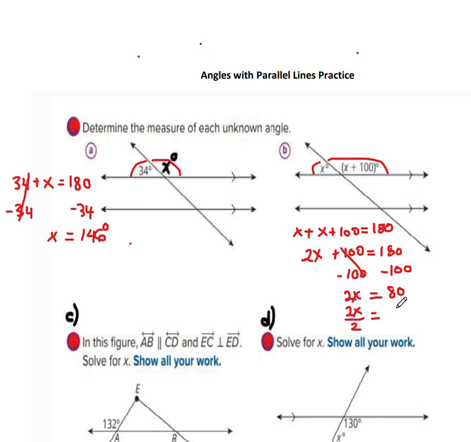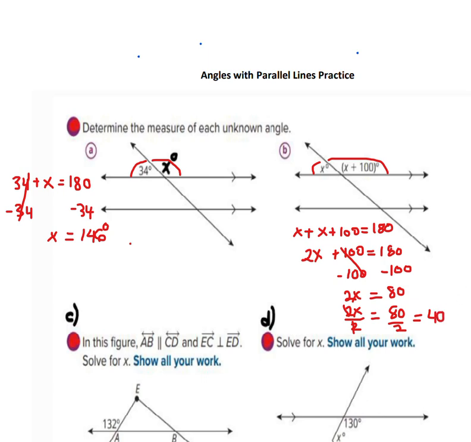So we say 2x divided by 2 would be equal to 80, also divided by 2. So 2 cancels 2 here, leaving us with x, because 2 divides into itself once. So x would therefore be equal to 80 upon 2, which is equal to 40.